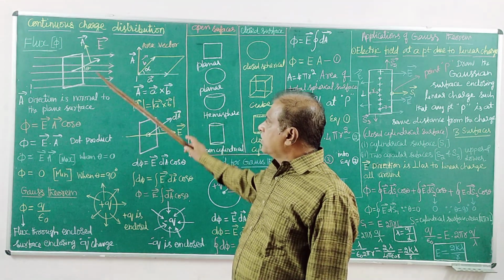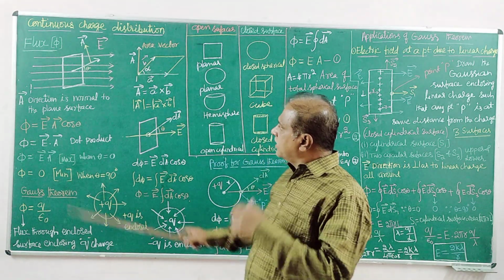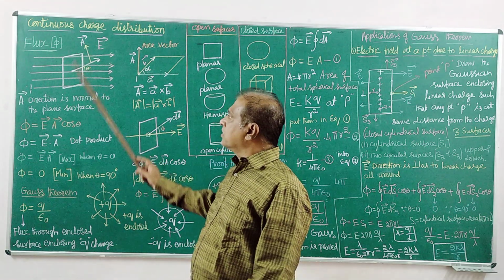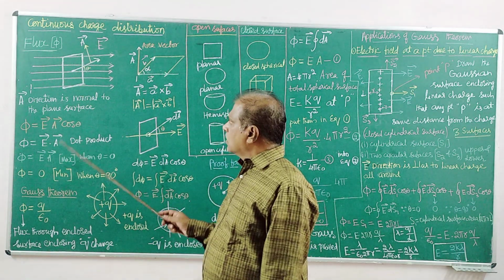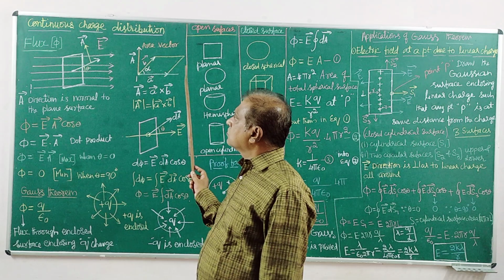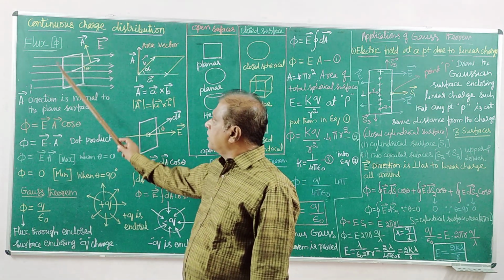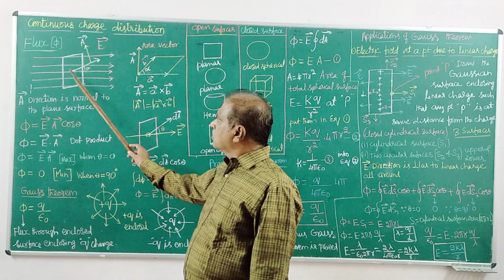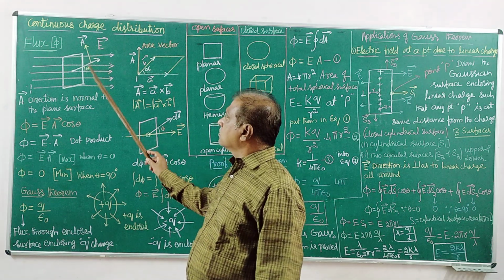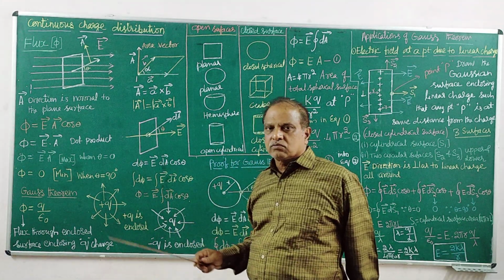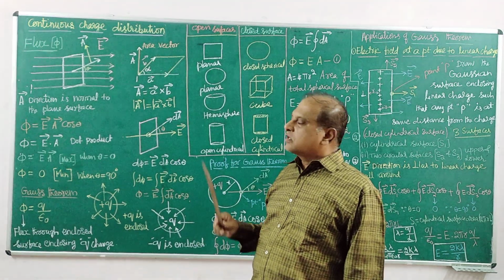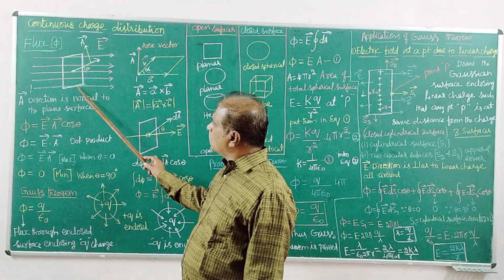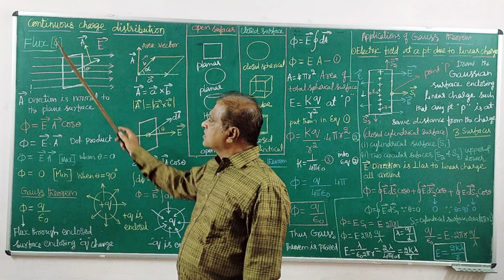If an area like this is placed in the electric field, the electric field passes through the area. The measure of the amount of electric field passing through the area is called flux.